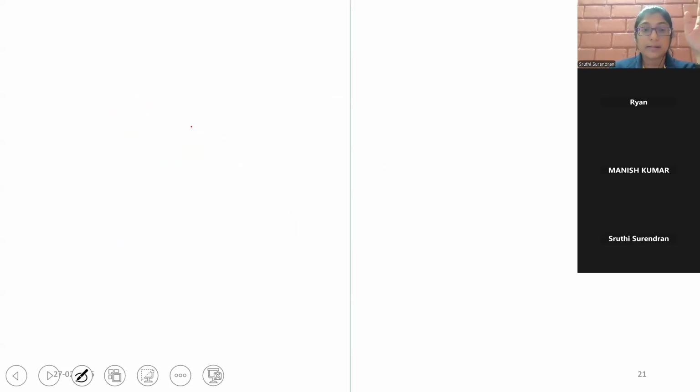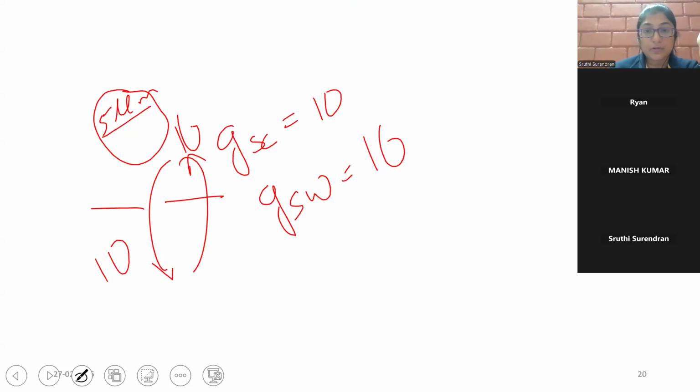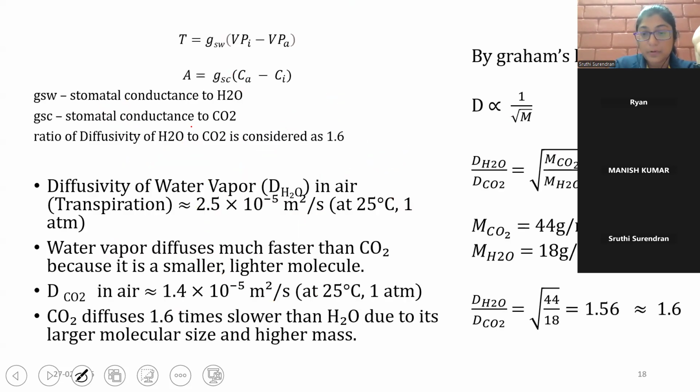Based on this relation between the diffusion of carbon dioxide and the diffusion of H2O, this one value is very important.